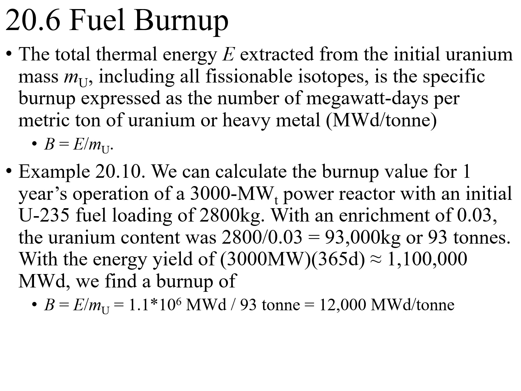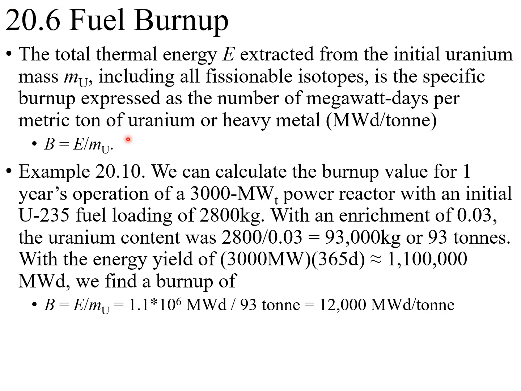So the unit will be heat per metric ton of uranium. The heat is expressed in the unit of megawatt day. So this fuel burn-up B is equal to the total energy extracted E over the initial uranium mass, Mu.